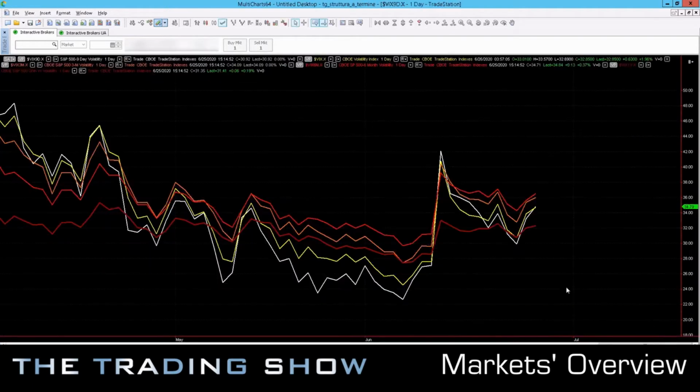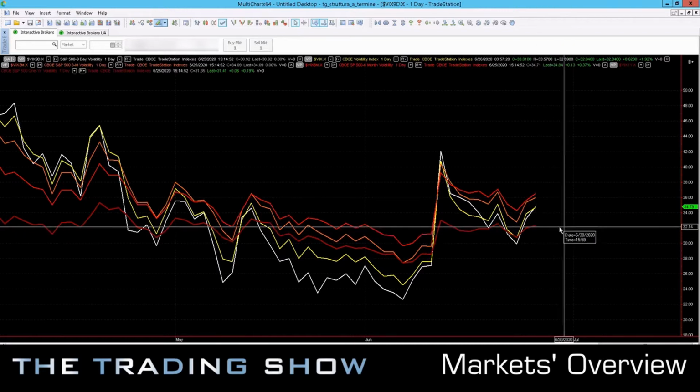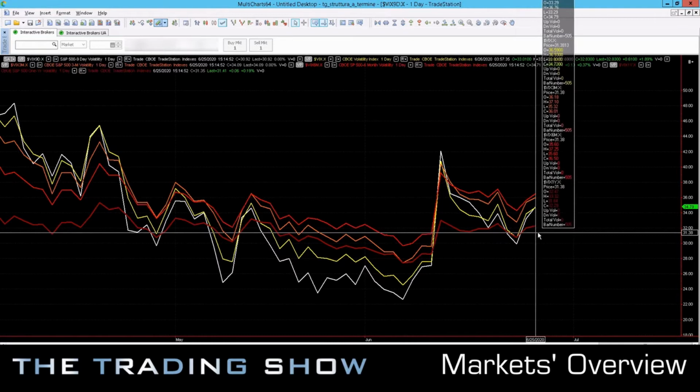Talking instead of implied volatility and its evolution over time, we see here the SPX volatility indexes. We can see a structure not yet well defined, quite unusual actually. All indexes show fairly close values except long-term volatility, which is much lower than the others, and this, as you know, is quite unusual.